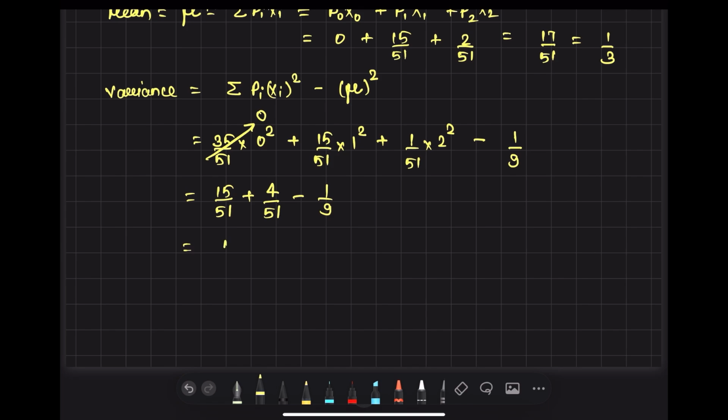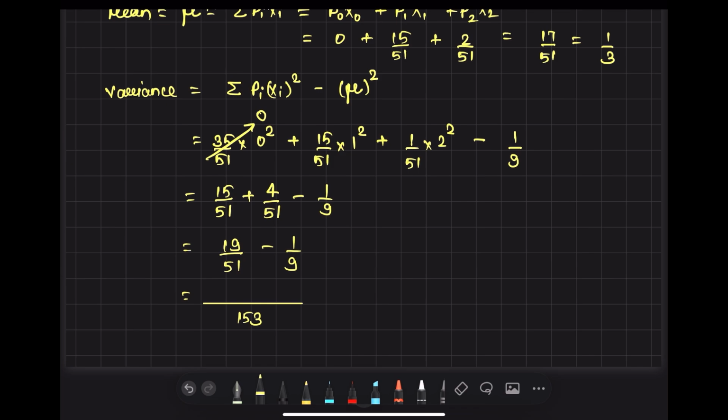Now it is 19 by 51 minus 1 by 9. So you know that the LCM will become 153.